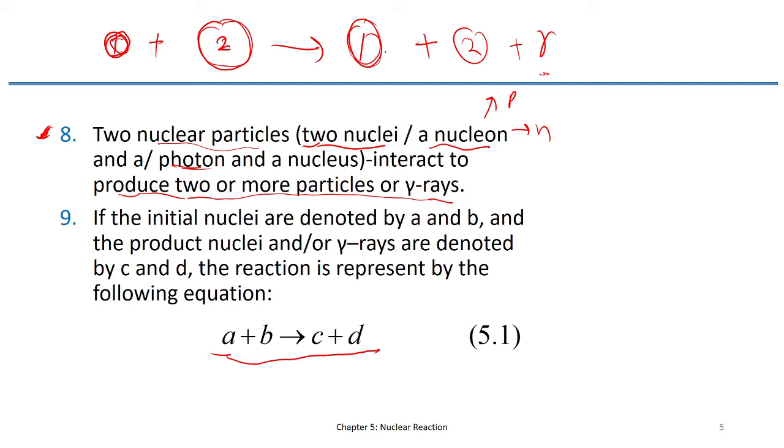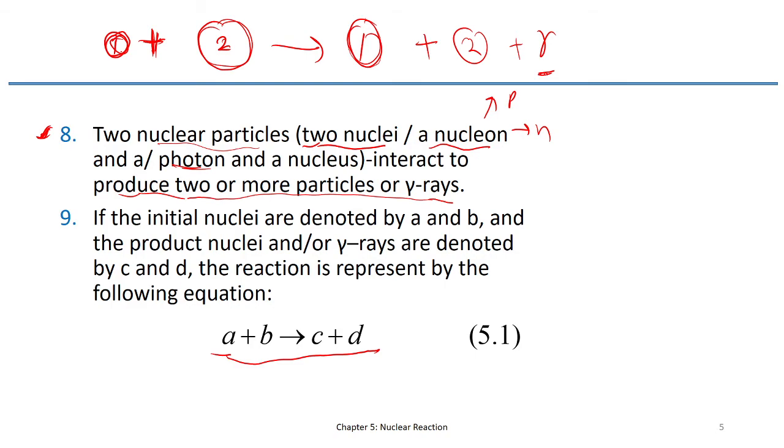You can have more than one type of nucleus, plus other products such as photons or other particles. It could be proton, neutron, alpha, as well as heavy charged particles. There's no general rule that limits what you can have before the reaction and after the reaction.